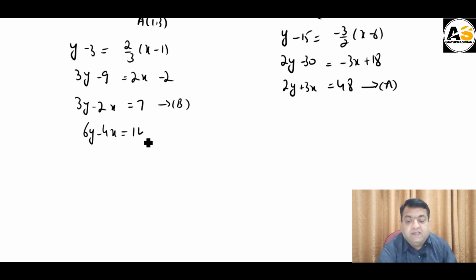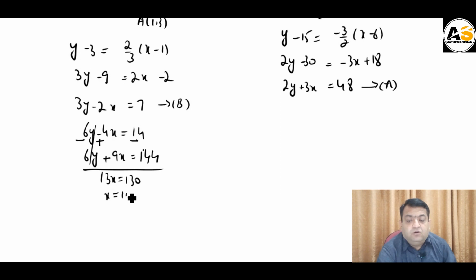This equation by 3: 6y plus 9x is equal to 48 into 3, 144. Now I will subtract this equation and I will get 13x is equal to 130. x is equal to 10.